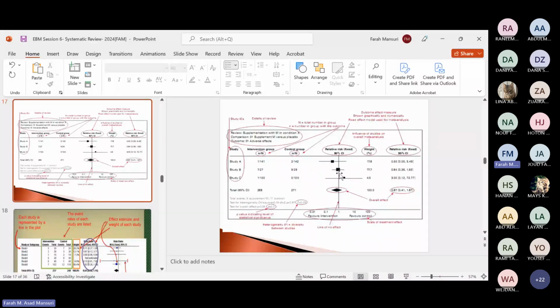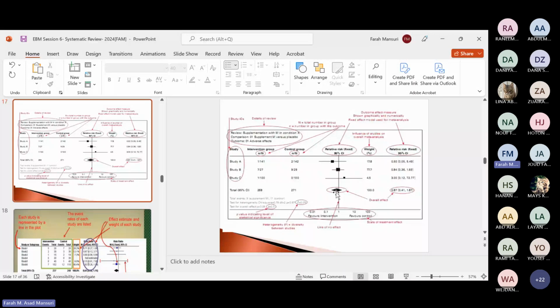The other one is neutral because it is on the line of no effect. The third study, C, is on the right side, favoring control. But when we pooled the results, it is again favoring the intervention to some extent.